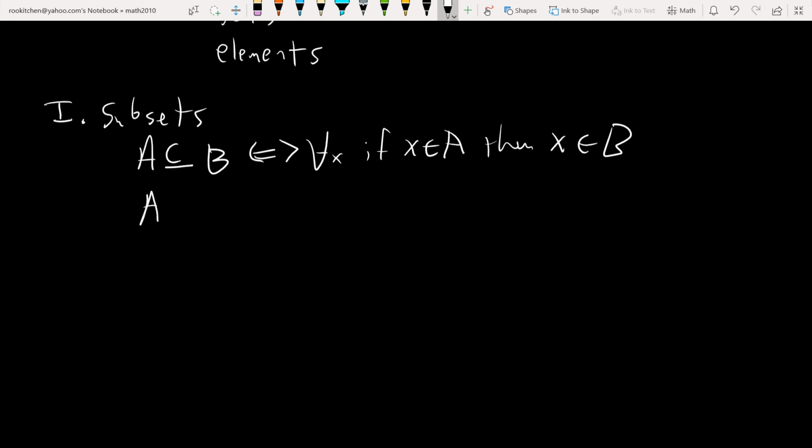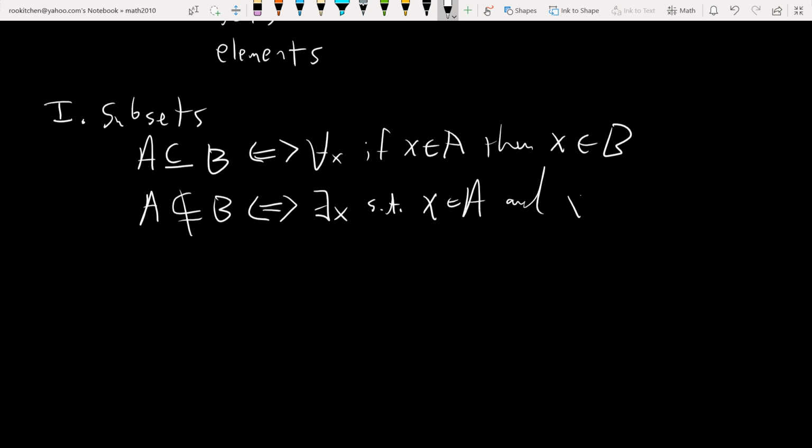So they'll maybe tack on that when B has more elements than A, and everything in A is in B, then it's a proper subset. A is not a subset of B if there's something in A that's not in B. So if and only if there exists an x such that x is in A and x is not in B. Okay. Okie dokie. Set equality.